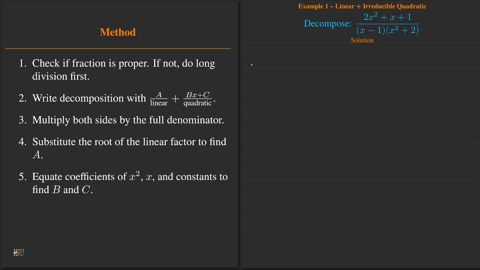Hence, we can write our decomposition formula, which becomes 2x squared plus x plus 1 all over x minus 1 and then x squared plus 2, and this is equal to the following. The x squared plus 2 is the quadratic factor we are talking about, because for x squared plus 2, there is no way we can factorize it.